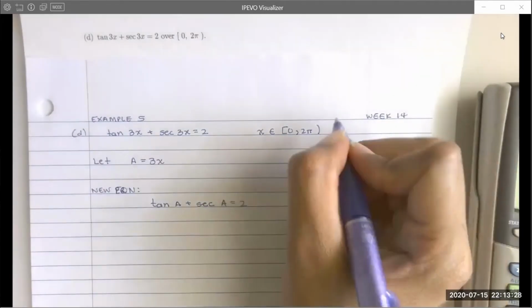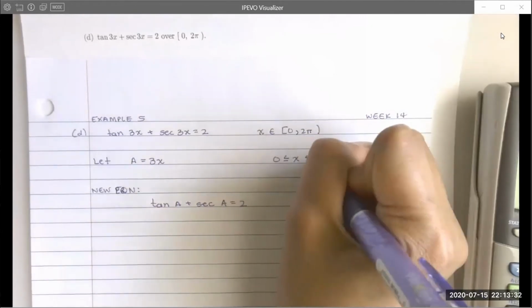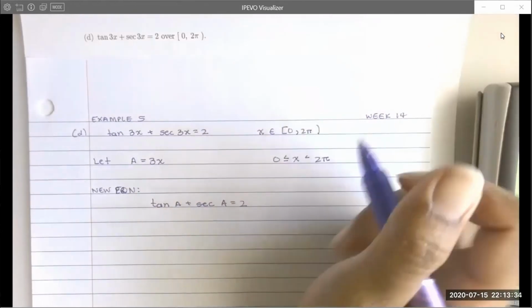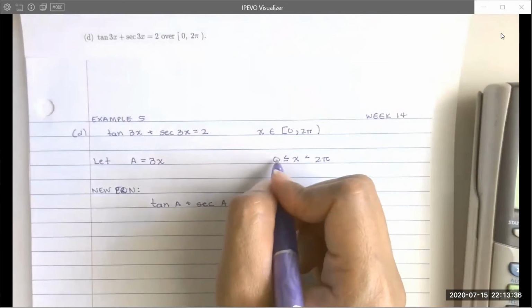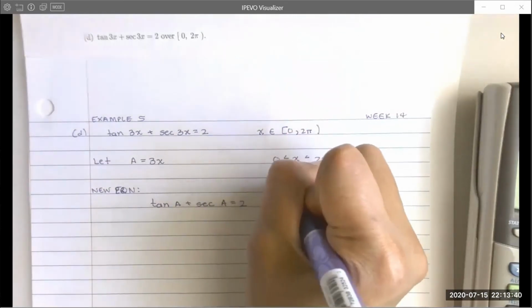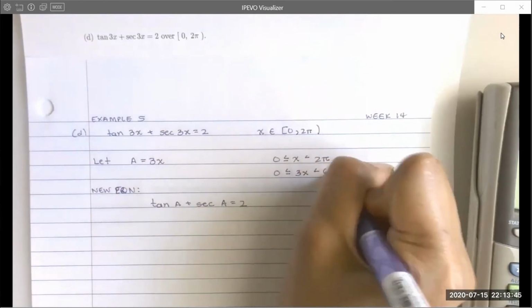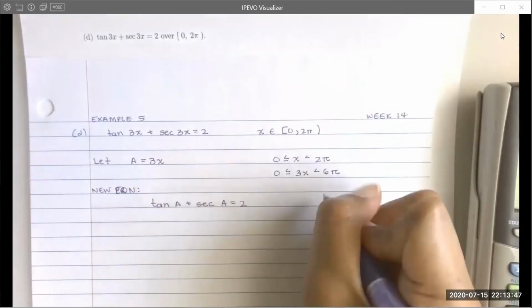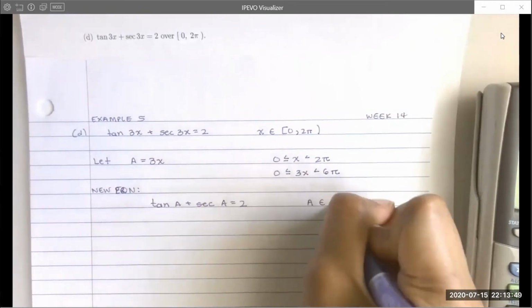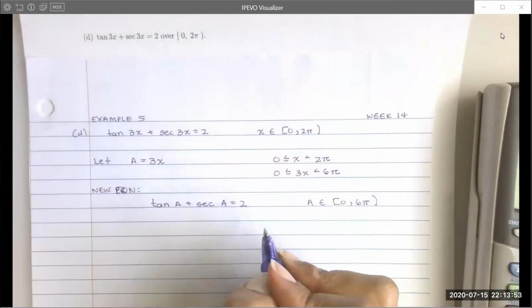But if x was supposed to be between 0 and 2 pi, including the 0 but excluding the 2 pi, now that we have this 3x for the argument, it would be 0 is less than or equal to 3x is less than 6 pi. So that means that a has to be in the range of 0 to 6 pi. Okay, we have to keep that in mind.